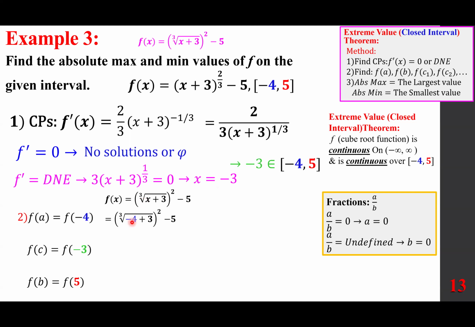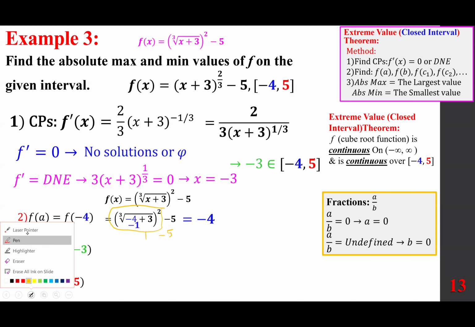When we plug in -4, plus 3 becomes -1. Cube root of -1 is still -1. Square that and it becomes +1. This is +1 minus 5, which is -4. Now, if you plug in -3, clearly this goes away because 0 becomes 0. So -5.